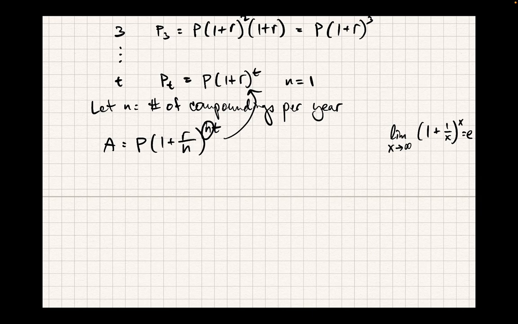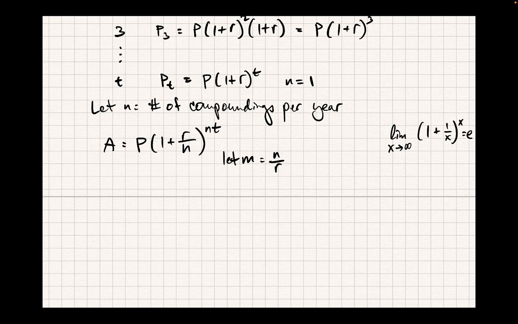So if we start with this one, let me introduce another variable here. I'm going to say let m equal the number of compoundings per year divided by the rate. So I'm just going to reform my formula based on this new variable.